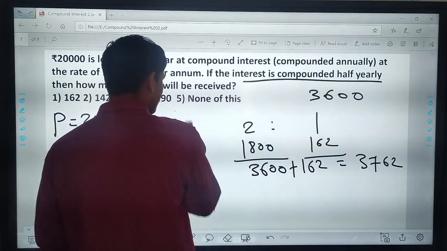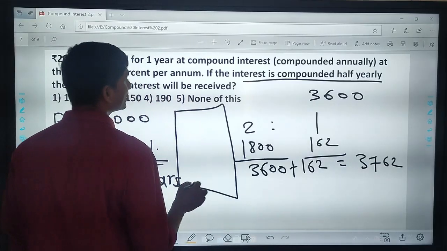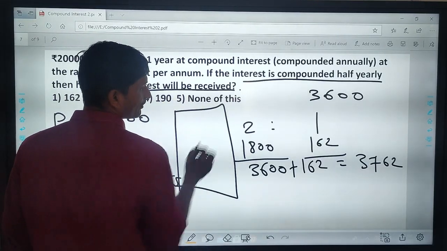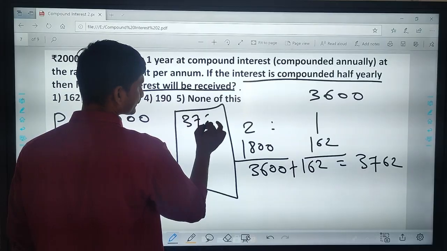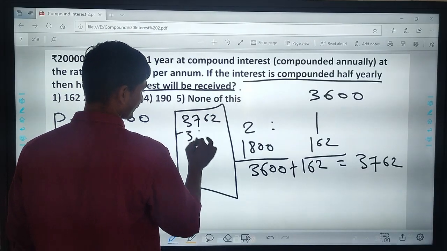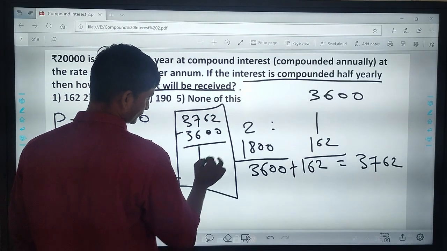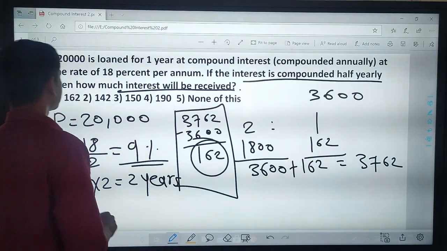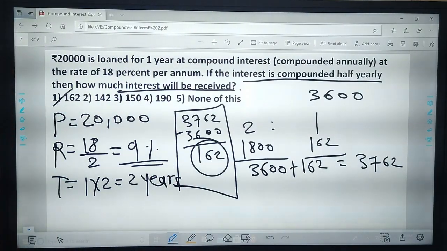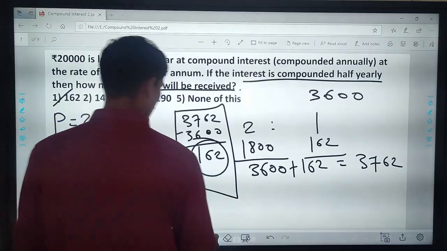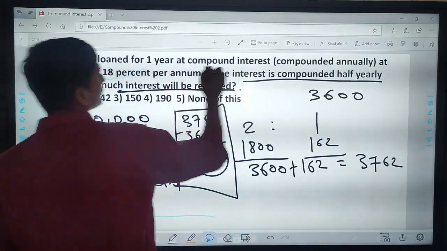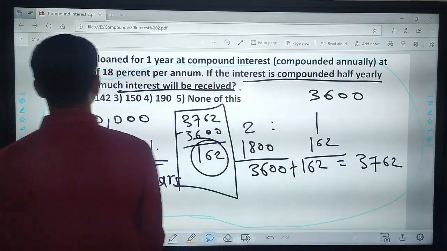Now we subtract these two, and we get the extra amount received. Now your extra amount is 162. This is your answer.